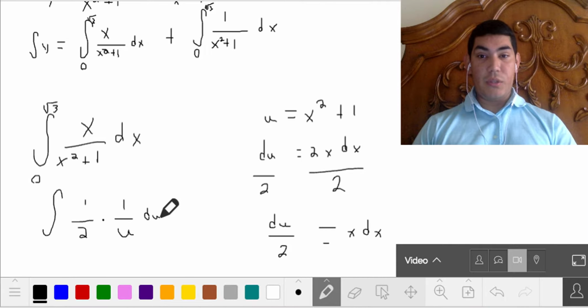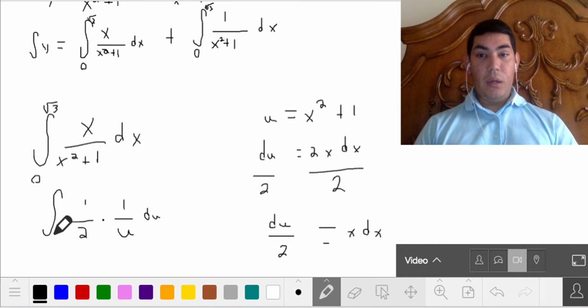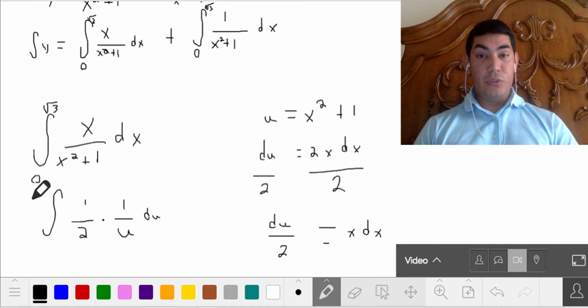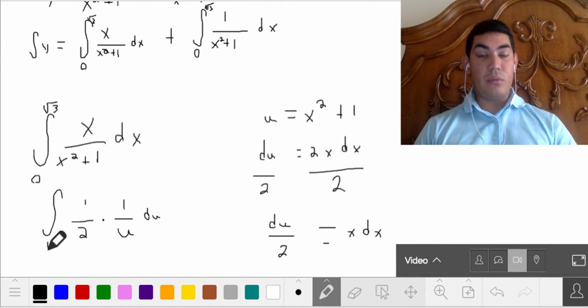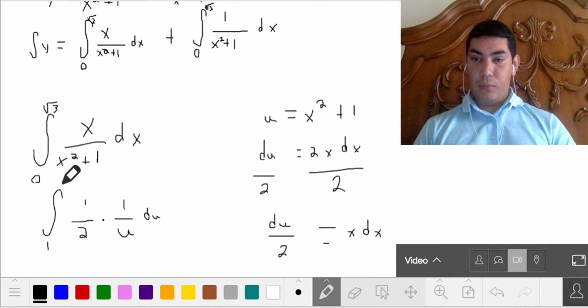Even though we mentioned du over 2, I just wrote it as a fraction next to it as 1/2. In addition to that, our boundaries also change. So we have u equals x squared plus 1. If we substitute 0 for that, we obtain 0 squared plus 1, that'll be 1. So our boundary changes to 1. The same thing we have to implement with the square root of 3. So square root of 3 squared, which is 3, plus 1 will be our 4.